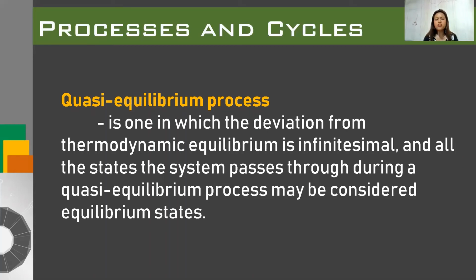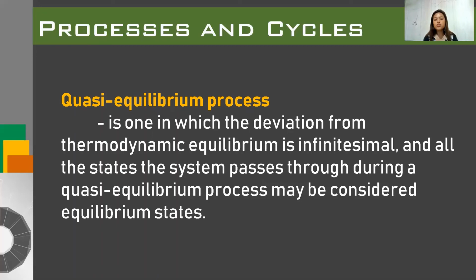We are unable to specify each state through which the system passes or the rate at which the process occurs. However, as we will see later, we are able to describe certain overall effects that occur during the process. So even if we cannot specify what state it is in, we are still able to describe a certain effect during the process.